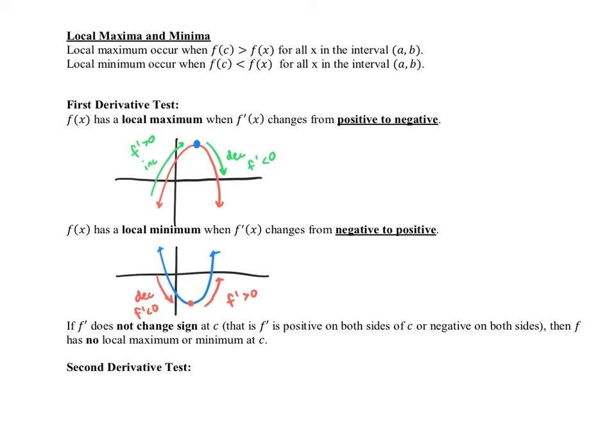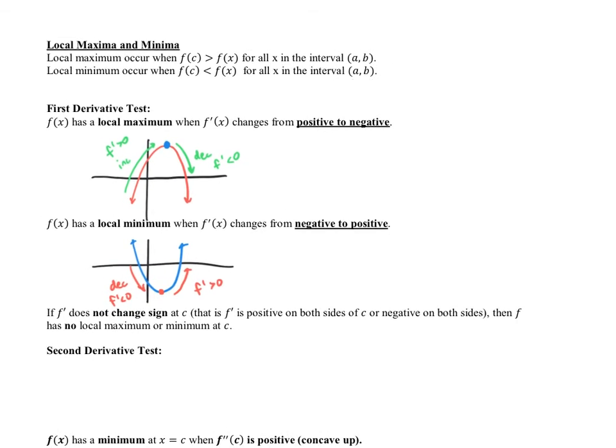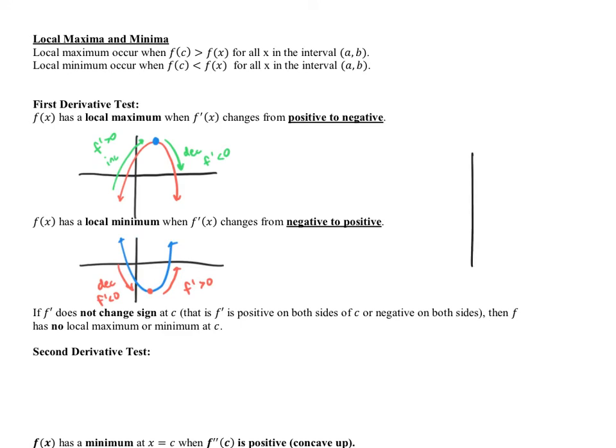Now, one thing that we talk about in terms of the change of signs is that if f prime does not change sign, so if it has a critical point, let's say that f prime of 2 is equal to 0, it has a critical point, but there is not a sign change, then there is no local max or min. One of the problems that might help us understand this is the graph of y equals x cubed.